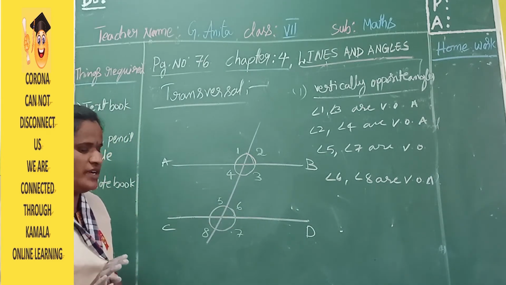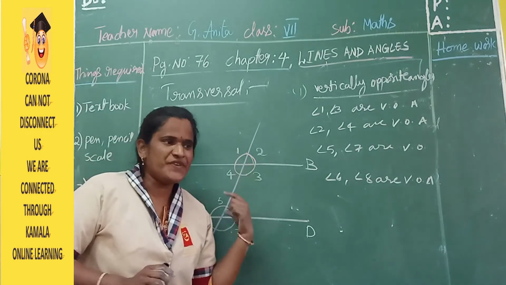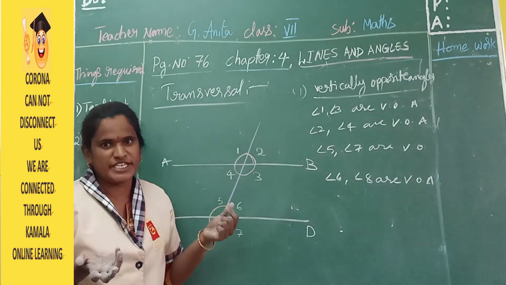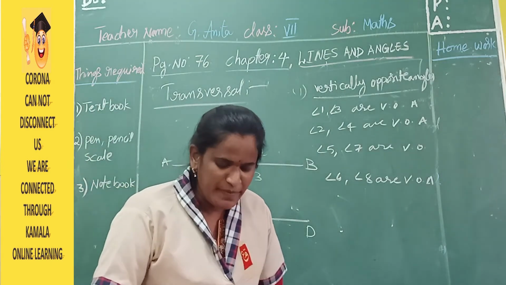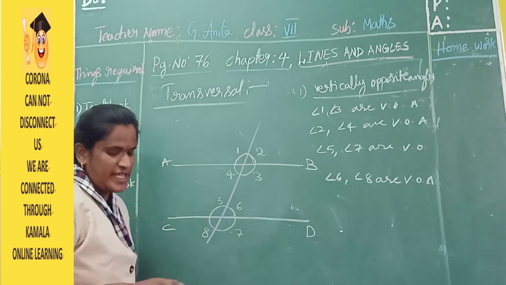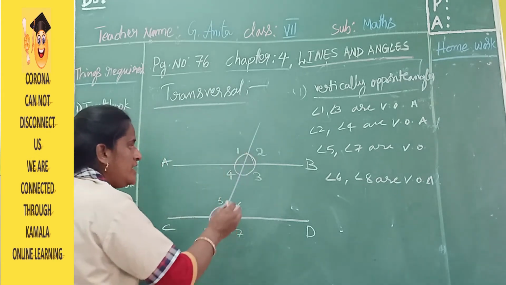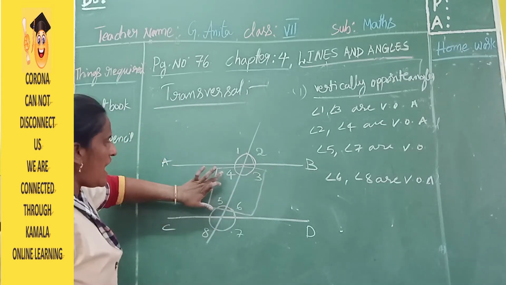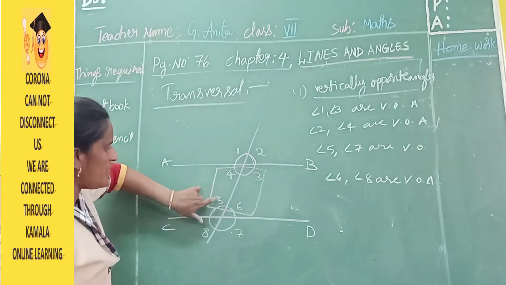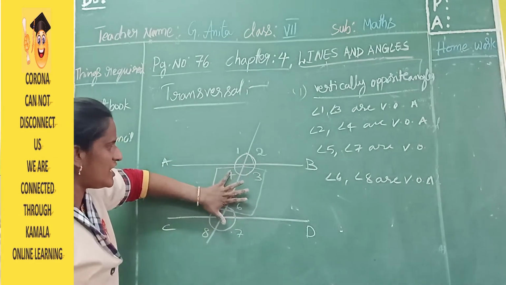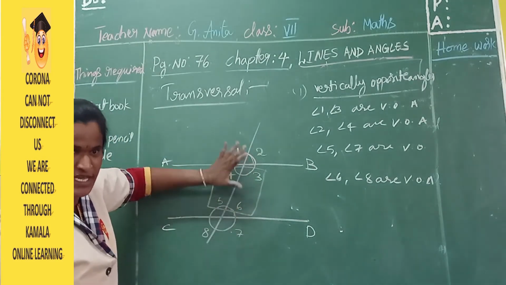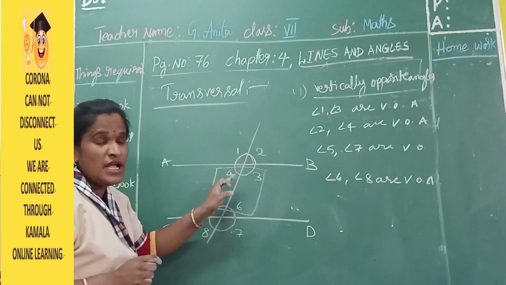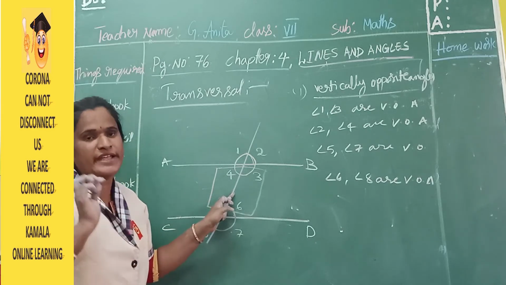Next, alternate interior angles. What is the meaning of alternate interior angles? In this figure, you can observe some interior angles and some exterior angles. Interior means the angles that are inside. So here angle 3, angle 4, angle 5, angle 6 are inside of these two parallel lines, so they are called interior angles.